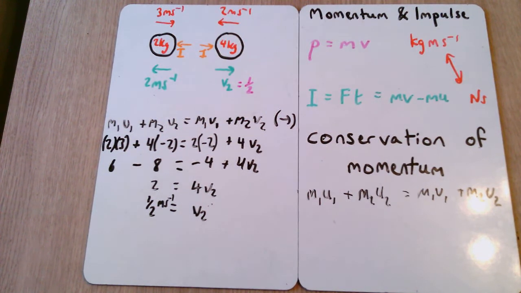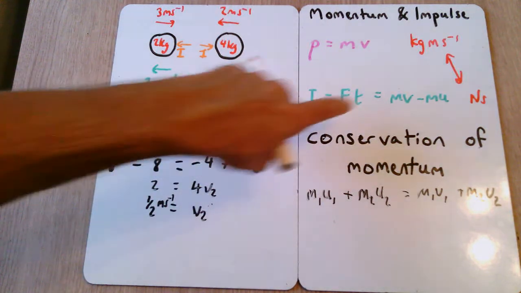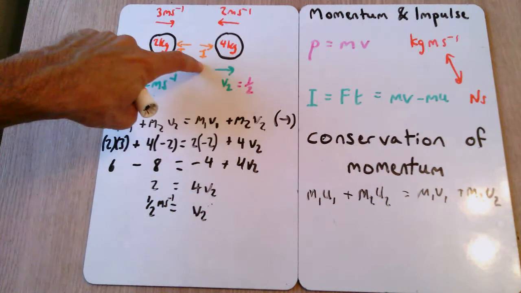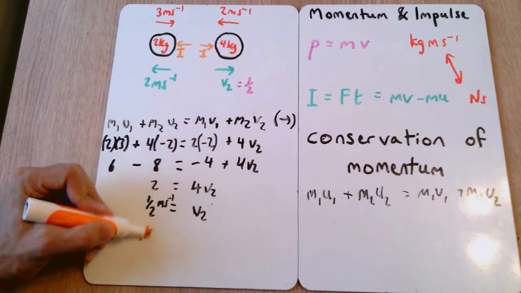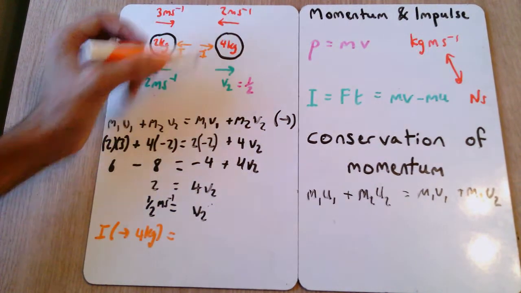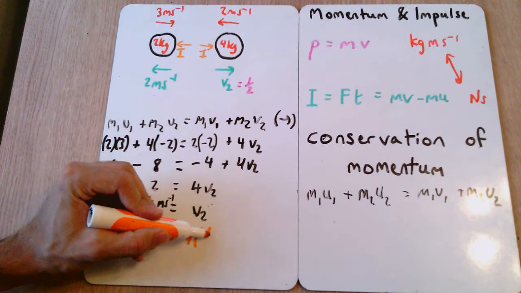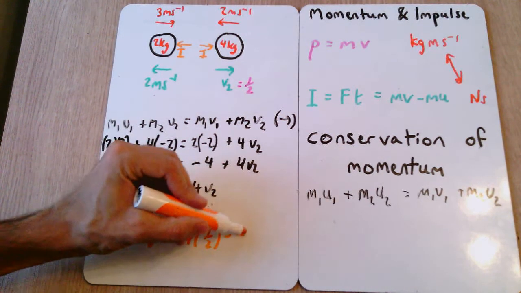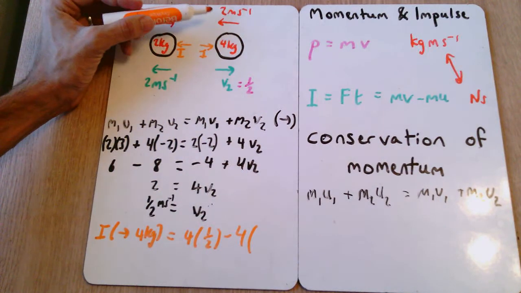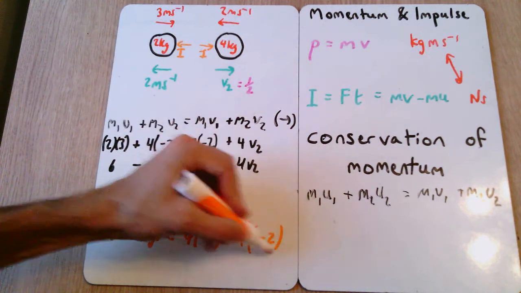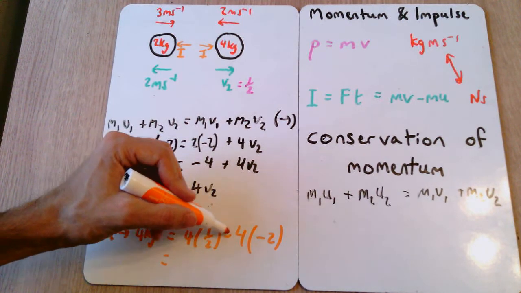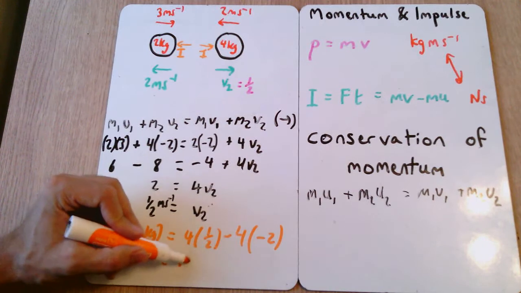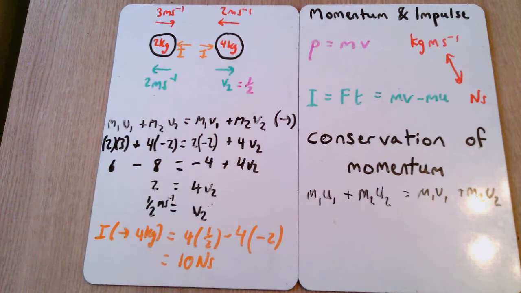For our impulse over here, it is best to choose one of the particles and use the formula mv minus mu. In this case, the impulse is to the right, so I'm going to do I to the right on the 4 kilogram block, which gives me 4 times the final velocity, which is a half, minus 4 times the initial velocity, which is in the opposite direction, so that's minus 2. 4 times a half is 2, minus 4 times minus 2 is plus 8, so 10 Newton seconds.